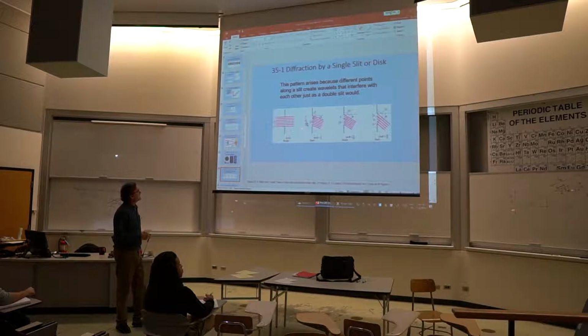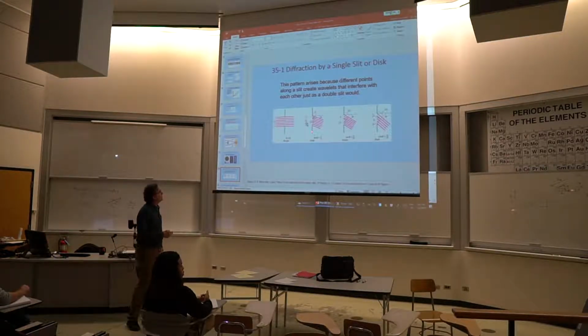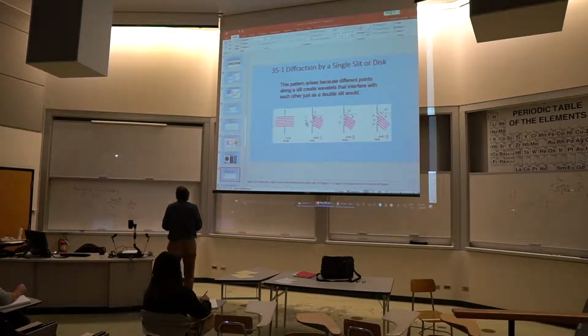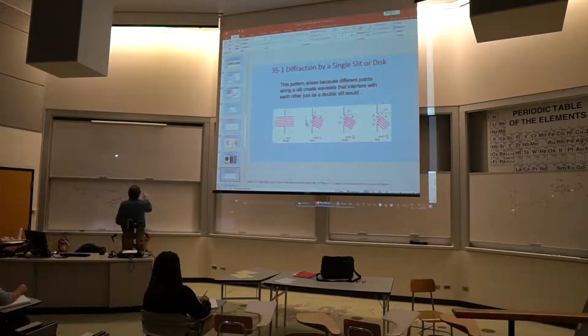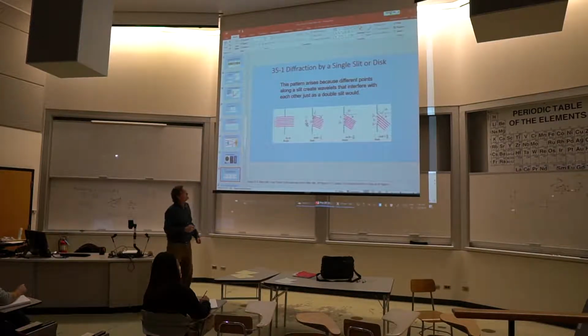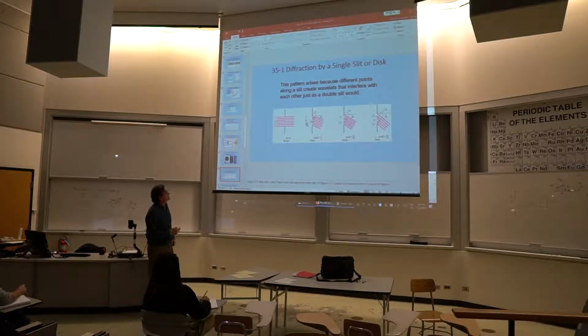In this case right here, I have a case where I'm at a given angle, which we define as sine theta equals lambda over D. Why lambda over D? Lambda over D is a particular case in which the ray from the top travels an extra distance lambda compared to a ray from the bottom.